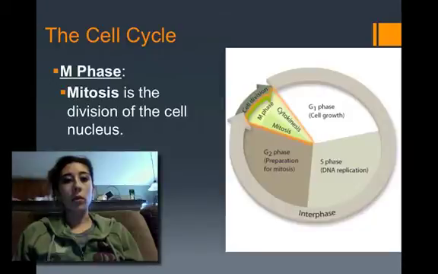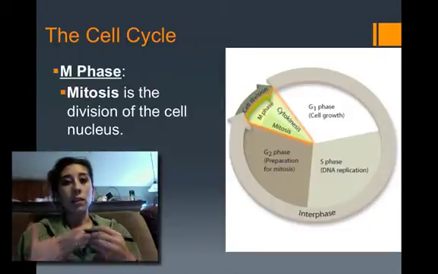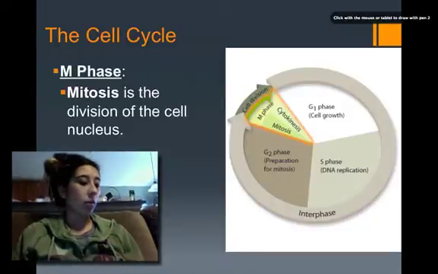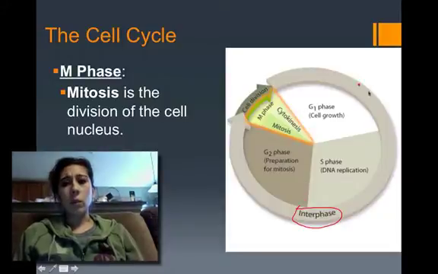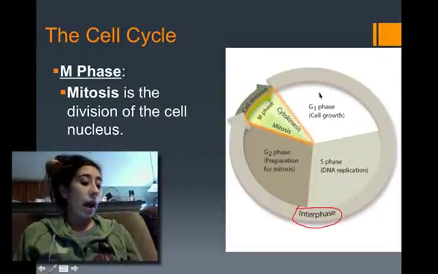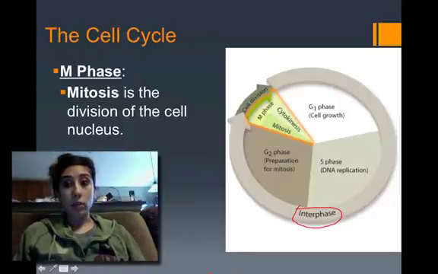Okay, so I want to review really quickly. Within the cell cycle, we've reviewed in class that we have two parts basically to the cell cycle. We have interphase, which is really the longest part of the cell cycle, and it is all about cell growth.